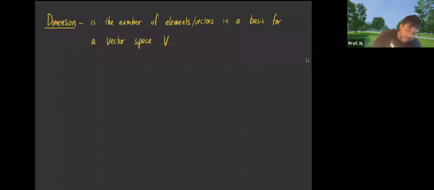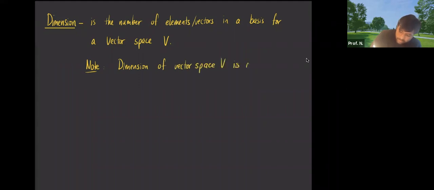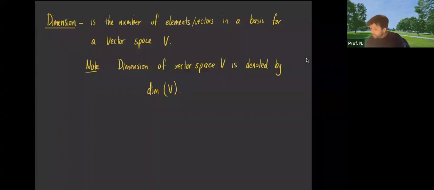And we denote it, note, the dimension of a vector space V is denoted by dim of V. So the dimension is given by the number of vectors in a basis.